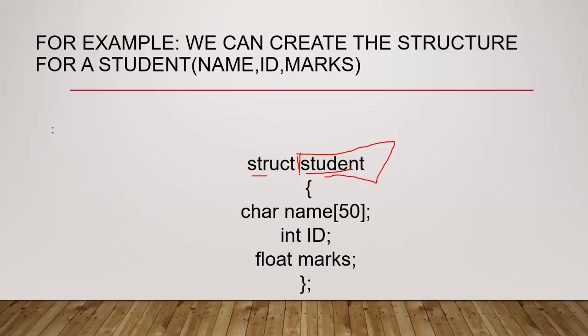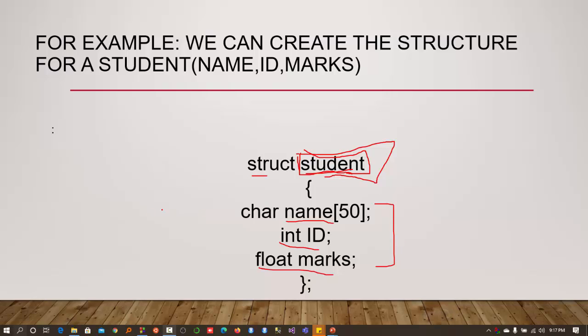If you are going to create a structure of an animal, you cannot put student here, you put struct animal, and in the animal you can put the properties of the animal. For example, here we have car names, int id, and also float marks, which means this student has these properties, all the members of the student structure.